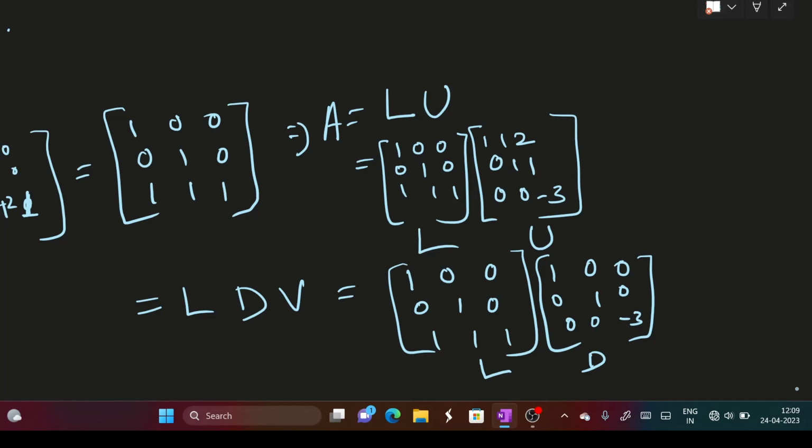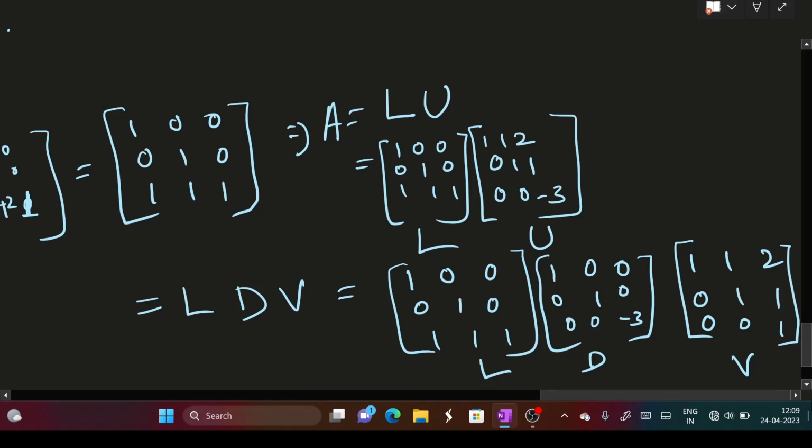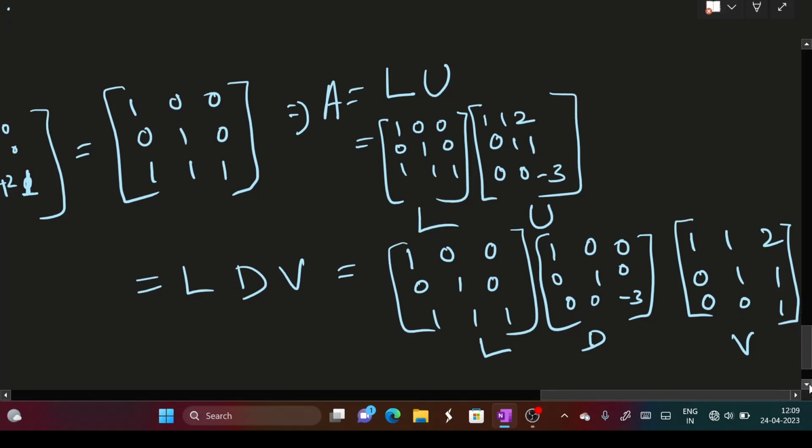So in the first case, the pivot is 1, second case, pivot is 1, third case, minus 3. So the first row is divided by 1, so it remains same. The second row is also divided by 1, that's why it remains same. Then the third row is divided by minus 3, that's why it is also 1. So this is my LDV. Okay, so with this we got some idea regarding LU and LDV factorization.